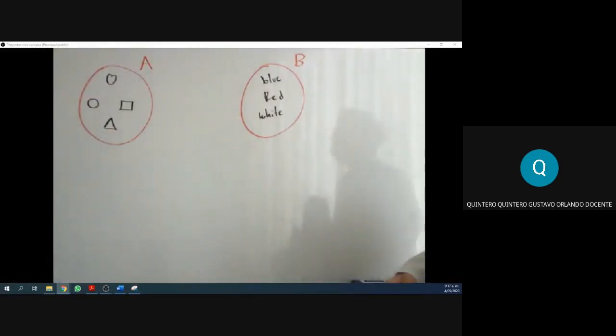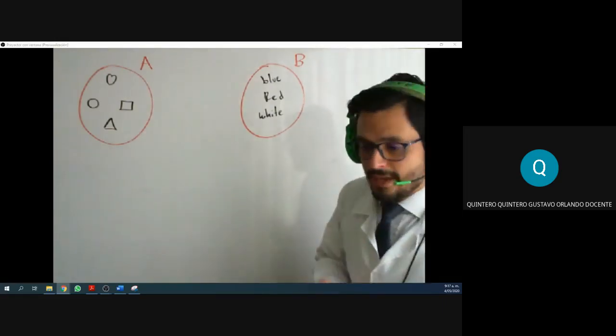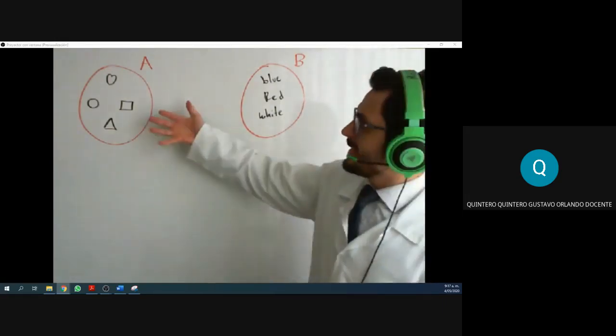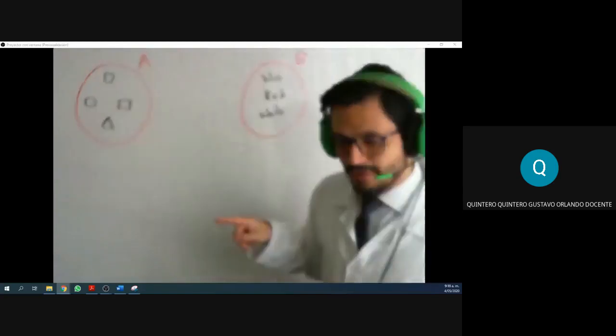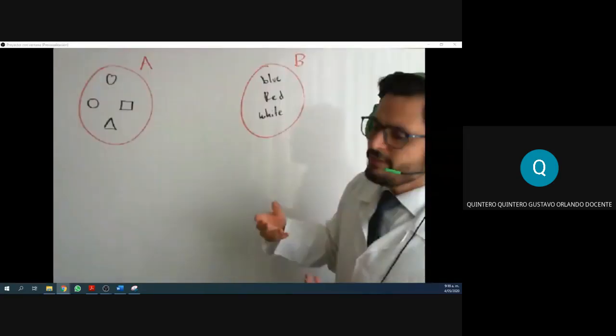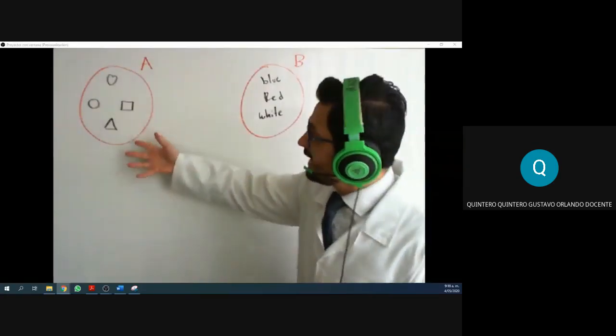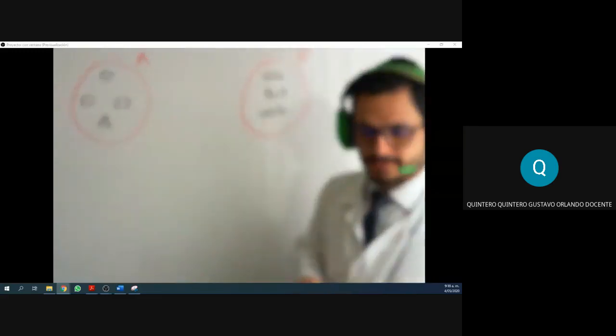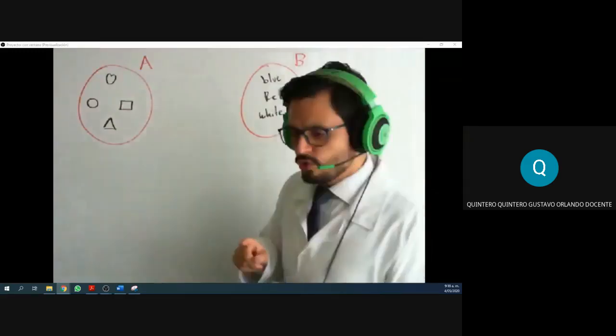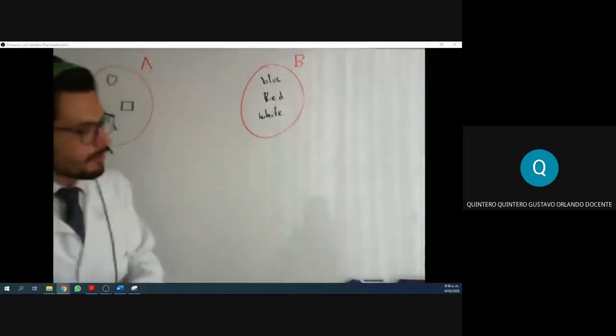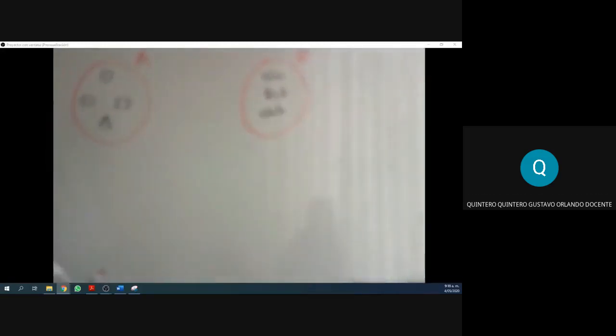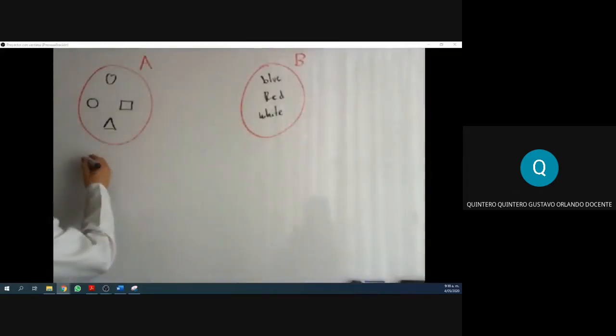Now, there are ways to write a set and its elements using different representations than these drawings. Those are just by writing or listing the elements of the set. So for example, let's go with this.